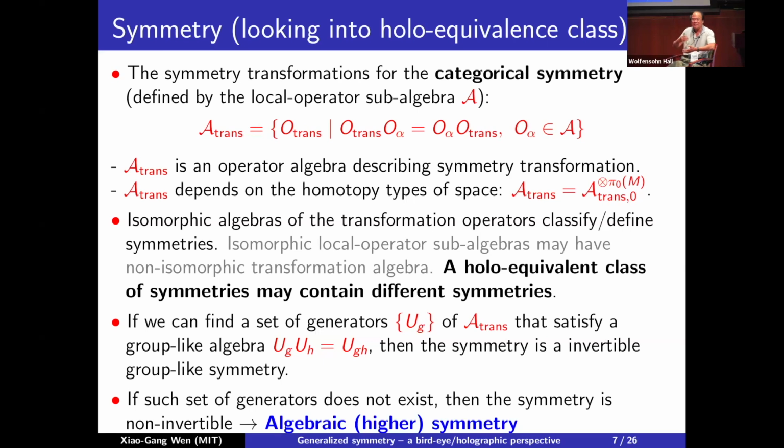If such a set of generators does not exist, whatever generators you find always form an algebra, rather than this group algebra, a more general algebra, then we may say it's a non-invertible symmetry, or we call it an algebraic symmetry.